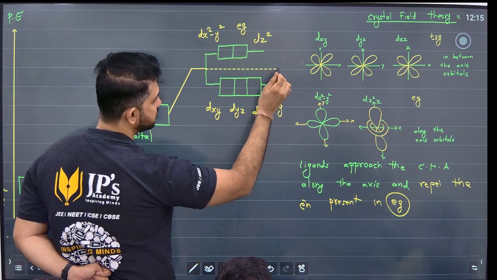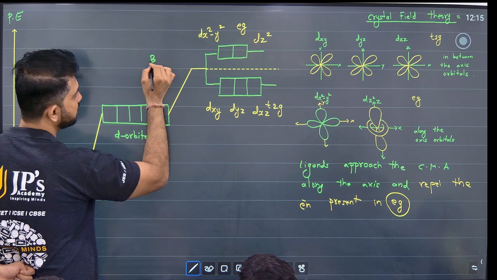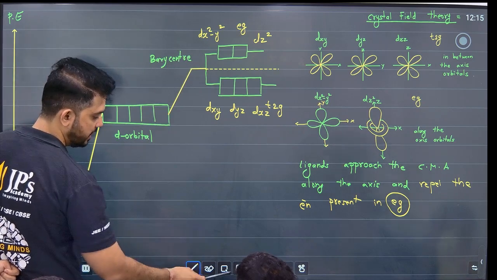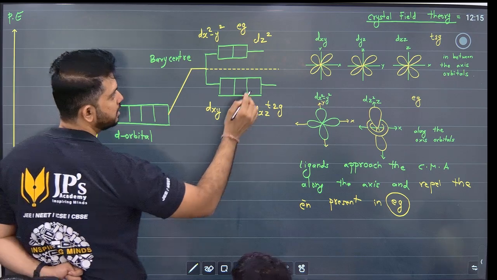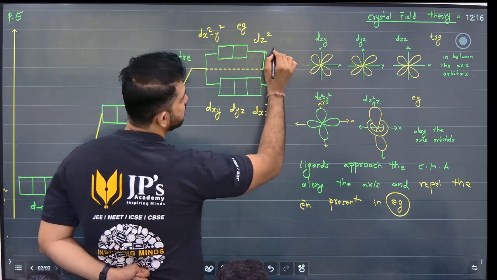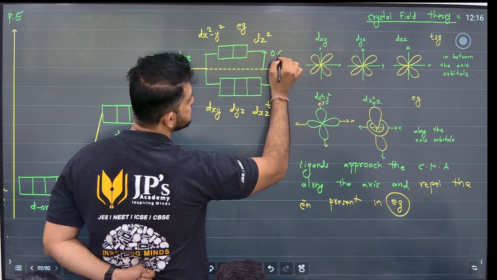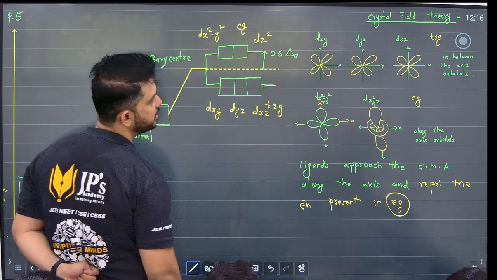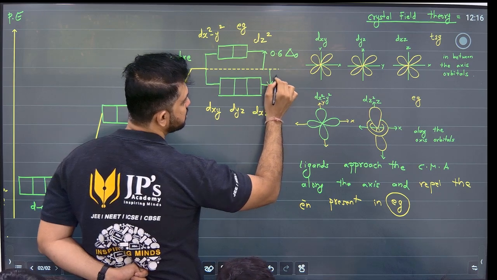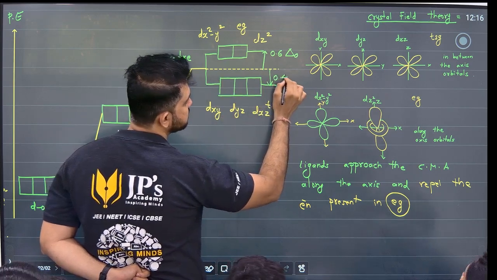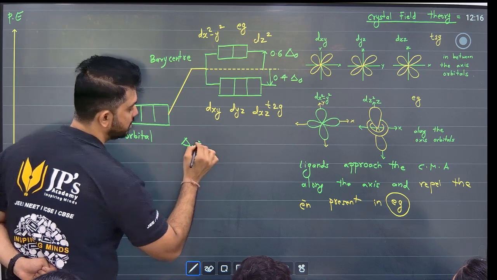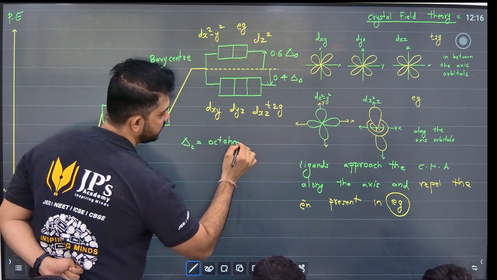This is called the barycenter. The energy of EG increases by 0.6 times octahedral energy, and the energy of T2G falls as compared to the barycenter by 0.4 delta naught, where delta naught stands for octahedral splitting.